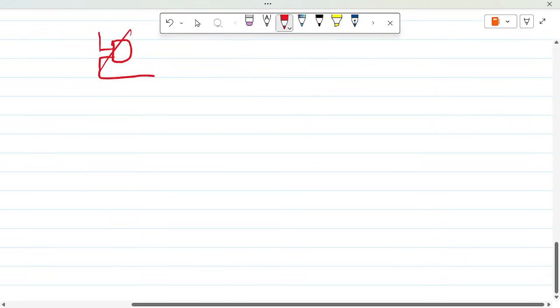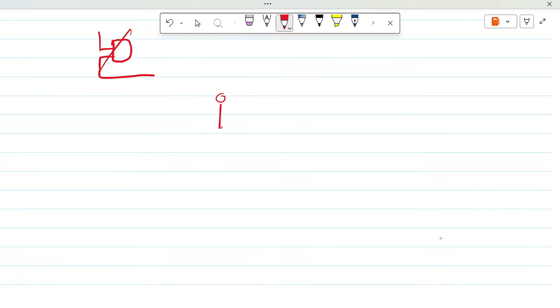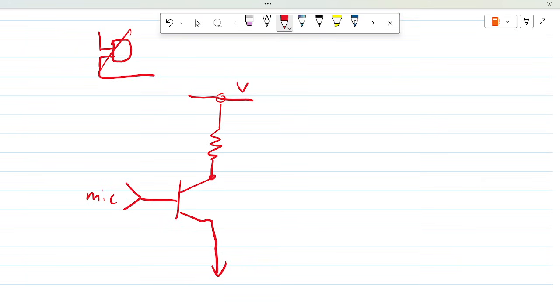So assuming I connected the microphone to a single staged input, like the common emitter stage amplifier, with all biasing conditions taken into account. There could be noise in the VCC. There could also be noise in the microphone signal itself.